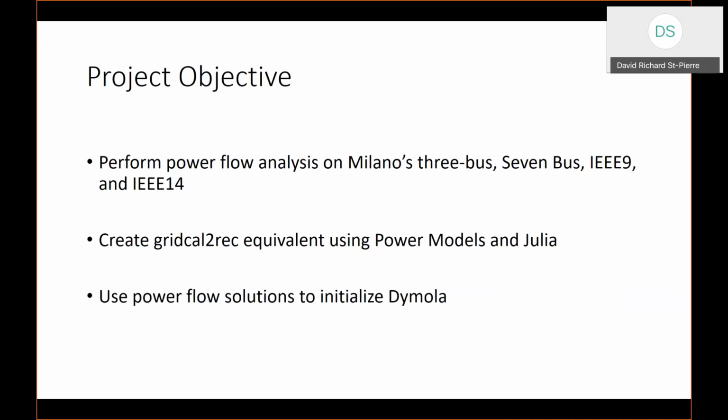The next part of my project was to create a GridCal 2Rec equivalent using PowerModels and Julia. I'll explain the differences about this in a couple slides. And lastly, to use the PowerFlow solutions that I create using my GridCal 2Rec equivalent in order to initialize OpenIPSL models in Dymola to perform dynamic PowerFlow solutions.